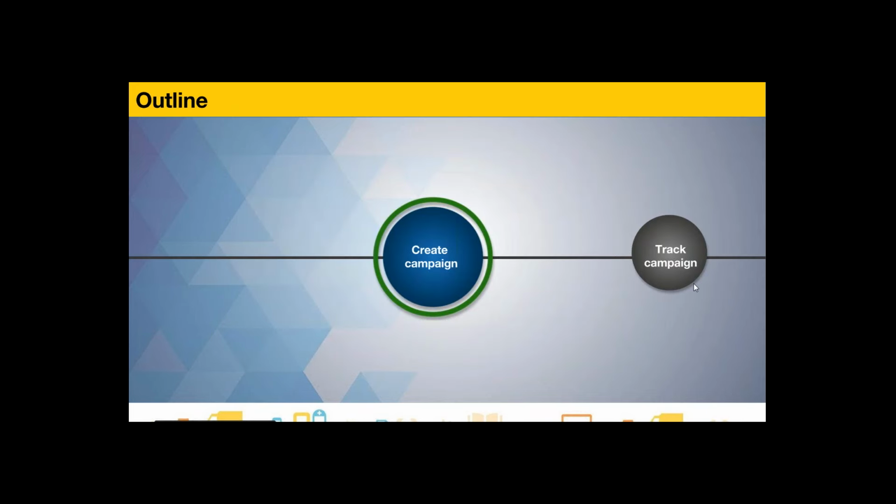Today, we will understand how to create an ad campaign and track an ad campaign. So let's begin with how to create an ad campaign in the new user interface. The look and feel of the UI has changed and the functionality has been enhanced.